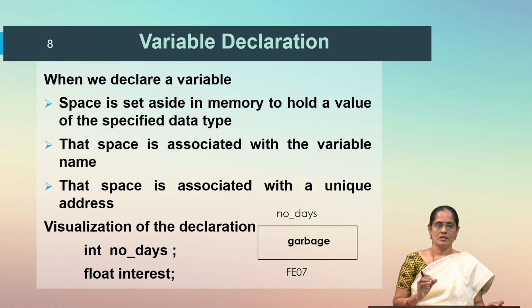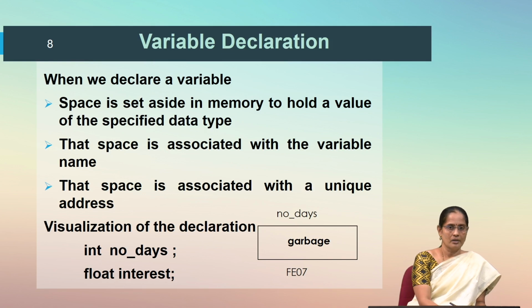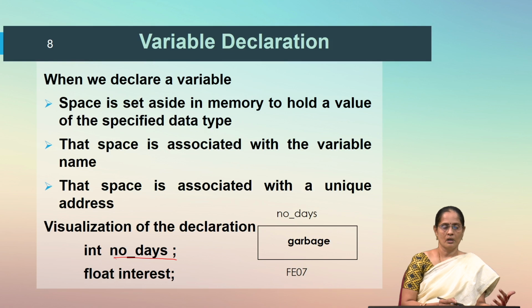Say for instance, if you want to declare a variable to store the number of days, I declare it as no_days, in which we will be able to store some integer values. Of course, the memory location will be uniquely assigned for this particular variable name.